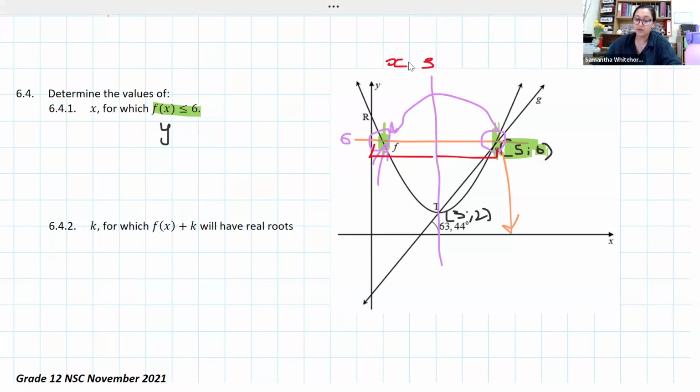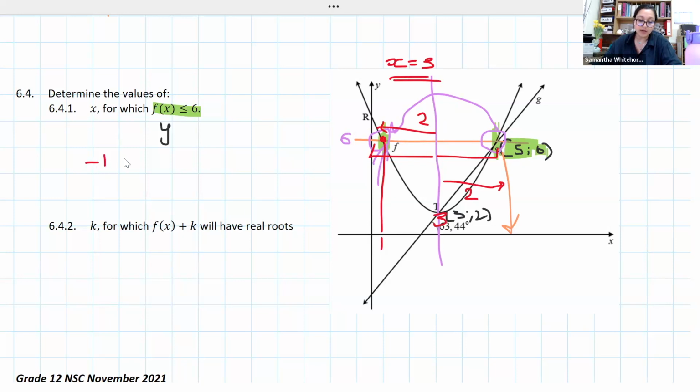Remember, that was the x coordinate of my turning point, which means that if x is 3 on the purple line, to get to the orange line at 5 is 2 units. So this point that I'm concerned about is also 2 units away from my line of reflection. If it's 2 units to the left of a line at x equals 3, that means this x coordinate here is 1.